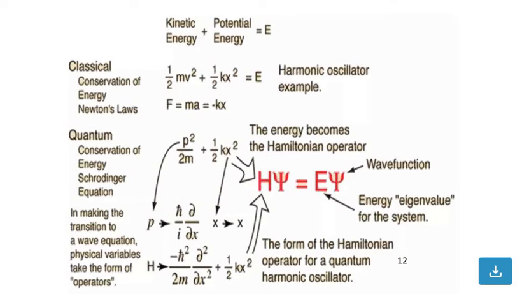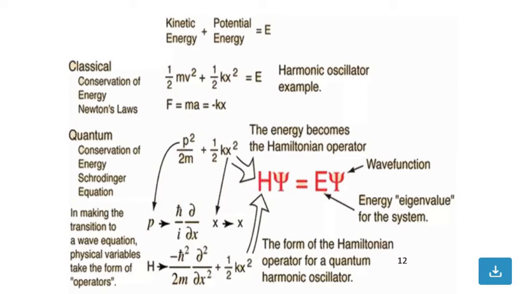Now kinetic energy plus potential energy is equal to E: half mv square, half kx square. In the harmonic oscillator example, this is the energy. F is equal to ma equals minus kx, that is the classical case. Now p square by 2m plus half kx square, the energy becomes the Hamiltonian operator.